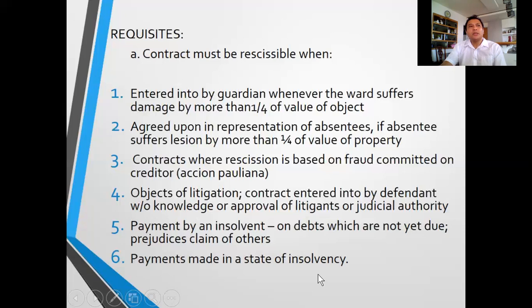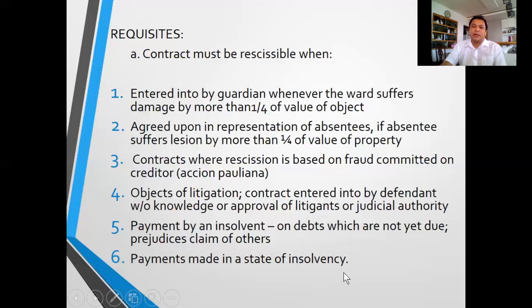Meaning the creditors can no longer collect, because the insolvent person is given by the court time to recover. The maximum number of years here is 3 years. So an insolvent person is given 3 years by a court of law to recover in order that he can pay his debts.